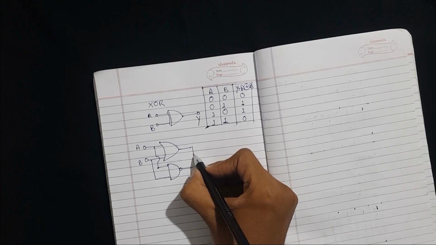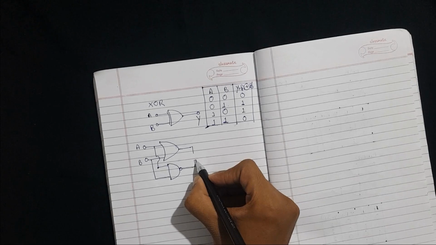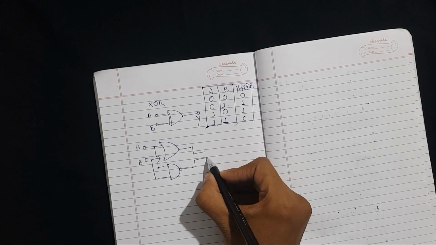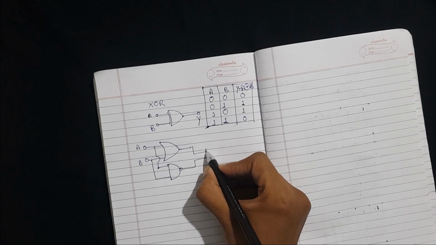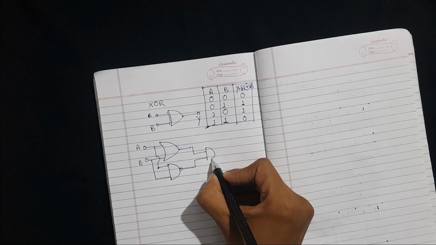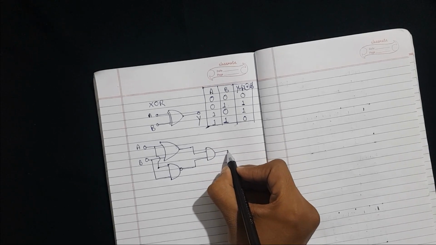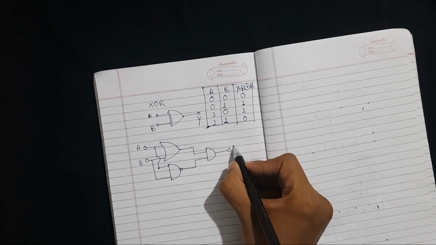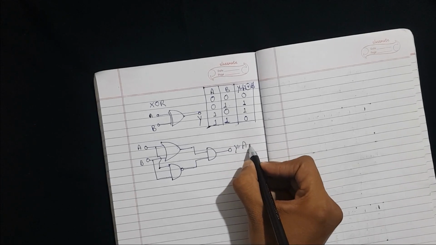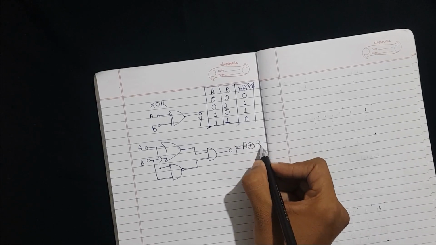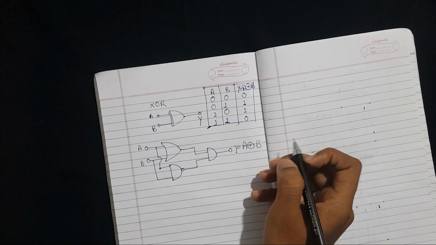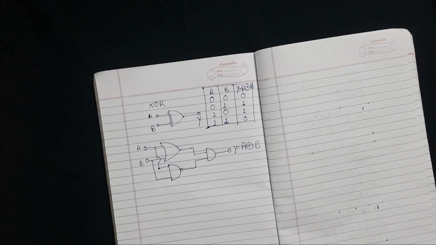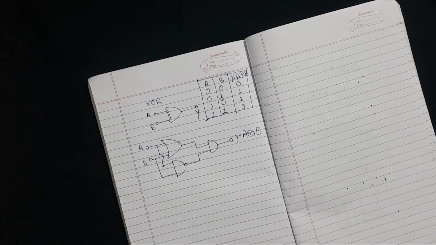Then I'll put an AND gate in front of these two, and that will give us Y, which is A exclusive OR B. Okay, that should give us this.